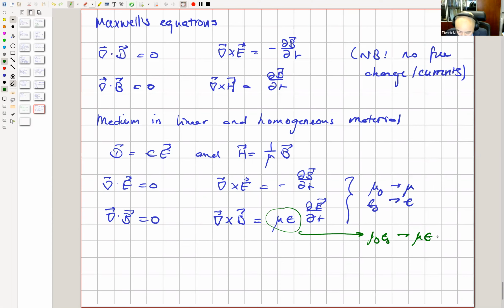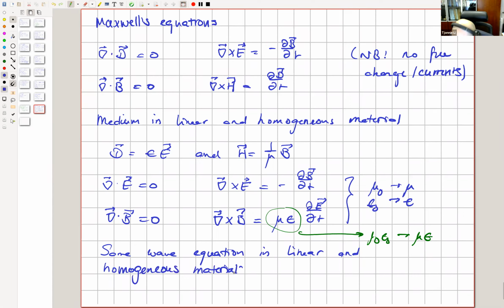So in linear and homogeneous materials, we end up having the same wave equation, except that the wave velocity, let's call this v now, is 1 over square root of epsilon mu.